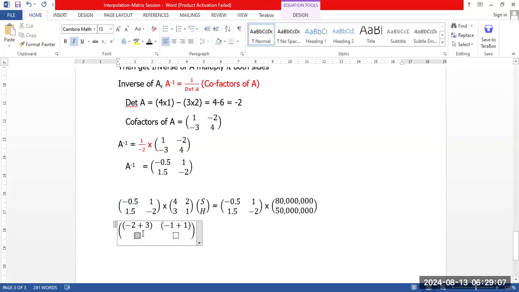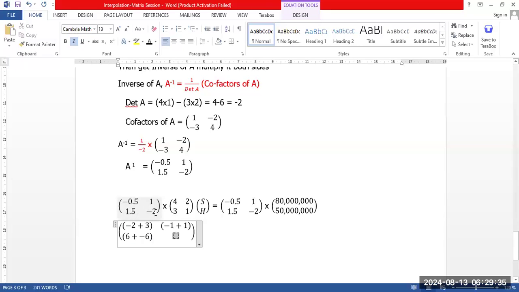What do you get? 6. Then plus negative 2 times 3. What do you get? Negative 6. 6 plus negative 6. You're done with this first column.